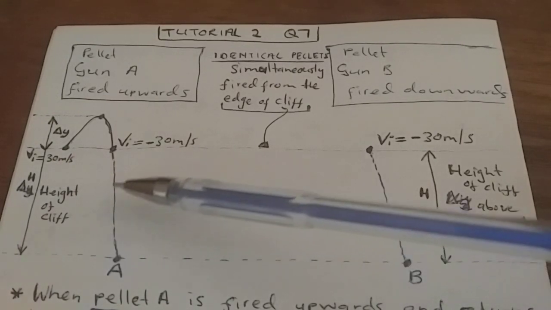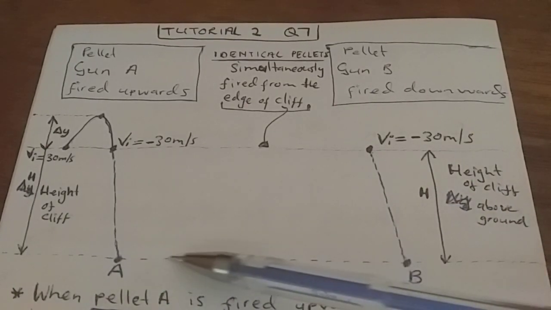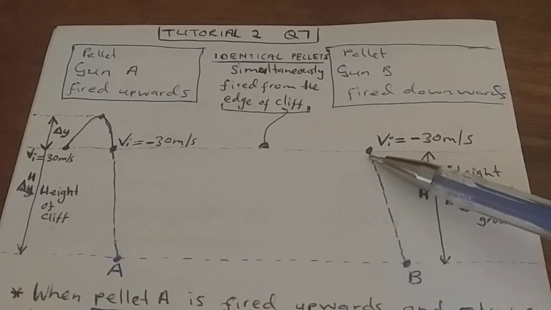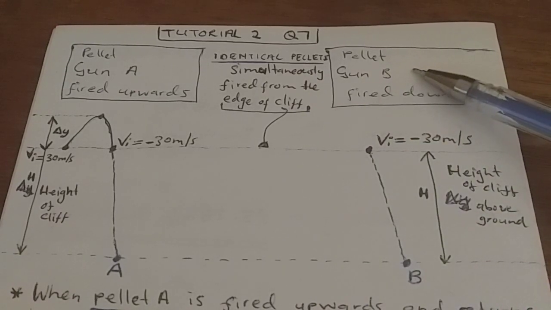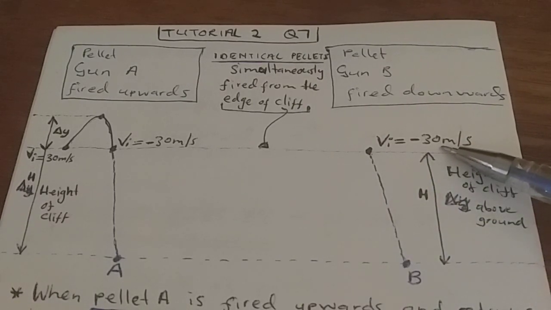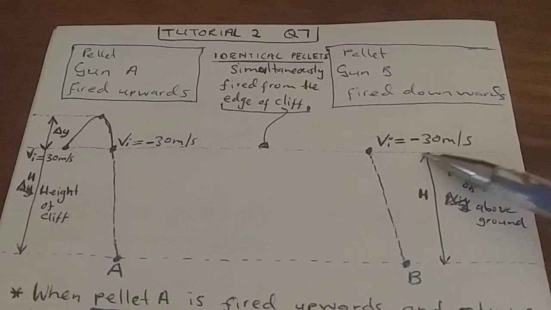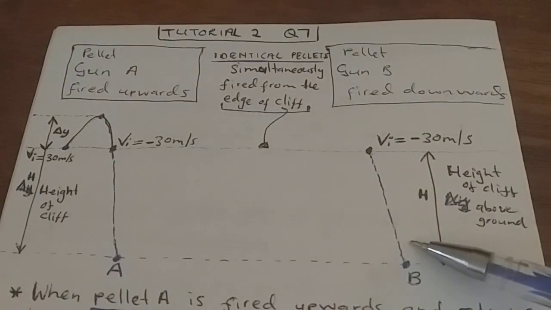When pellet A reaches this point, it's now the same as just firing pellet gun B downwards with the same initial velocity of 30 meters per second. This negative indicates that we are firing downwards.